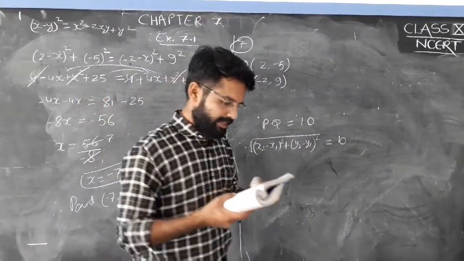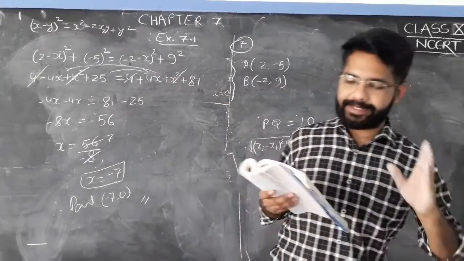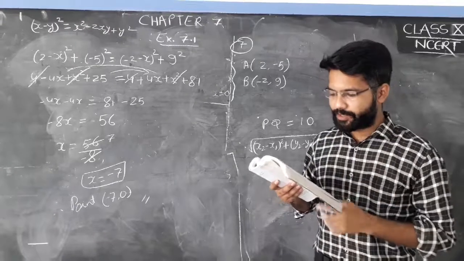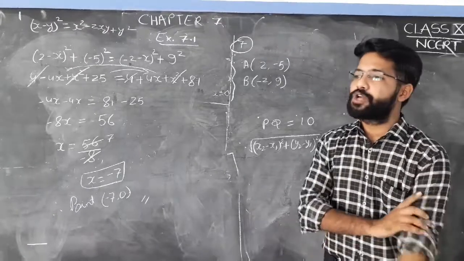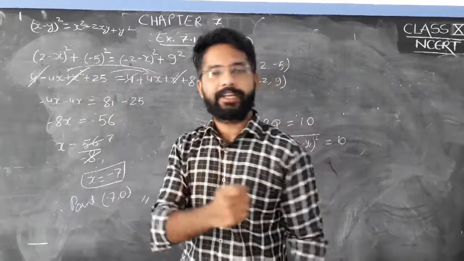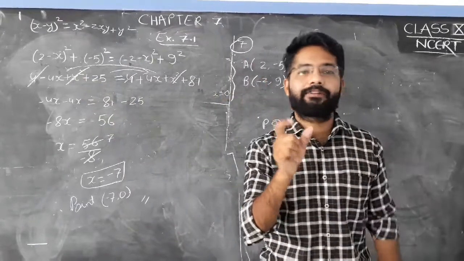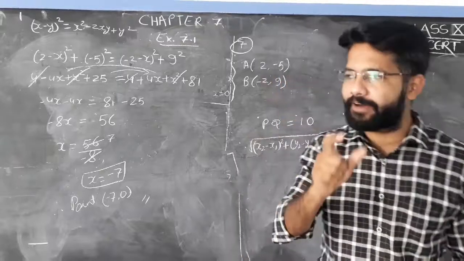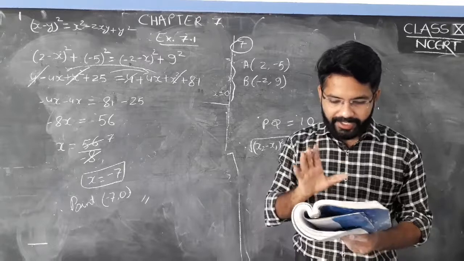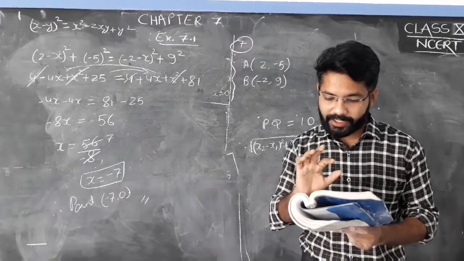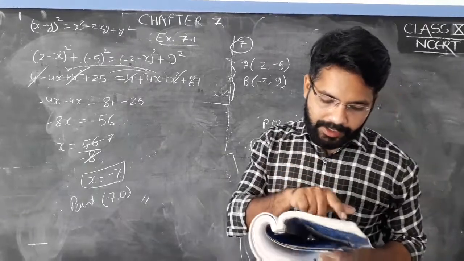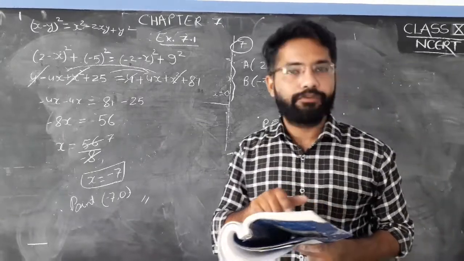Now move to question number 9. If Q is equidistant from these 2 points, so the 9th question you have to solve, and question number 10 is find the relation between x and y. In that you have to find the relation between x and y, and finally you will get an equation in the form of x and y. Find the relation between x and y such that point (x, y) is equidistant from (3, 6) and (-3, 4).